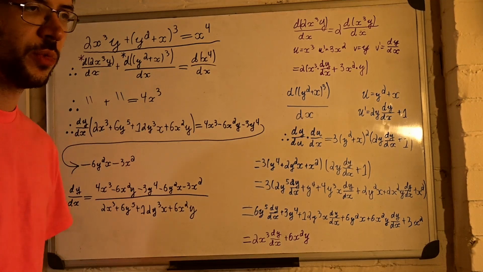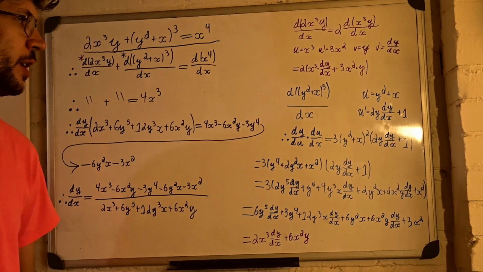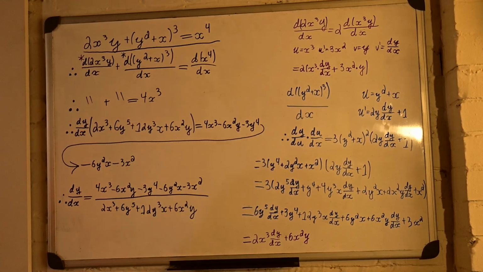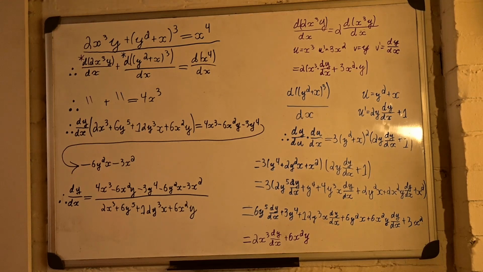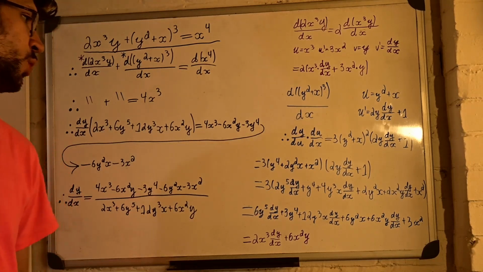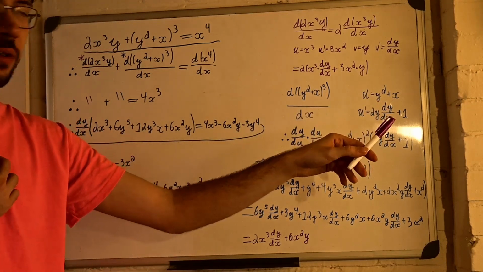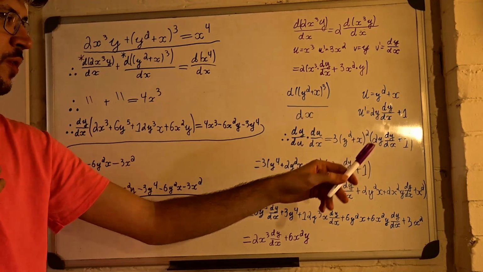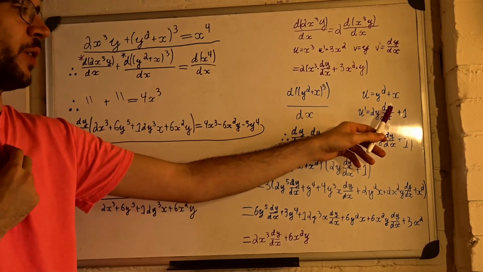Whenever you're doing implicit differentiation and you are finding the derivative of y, or y squared or y cubed, whatever, the derivative of y of anything, long story short, the way you treat y in implicit differentiation is you find the derivative of it as if it were x. So in this case, you find the derivative of y squared as if it was x squared, which is 2y, and then you multiply it by dy over dx.